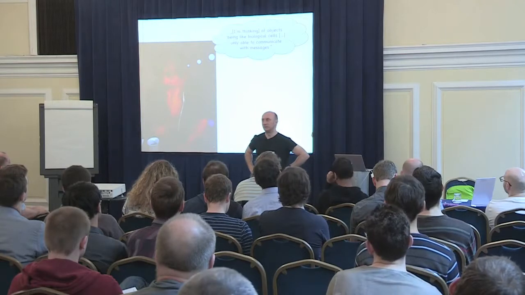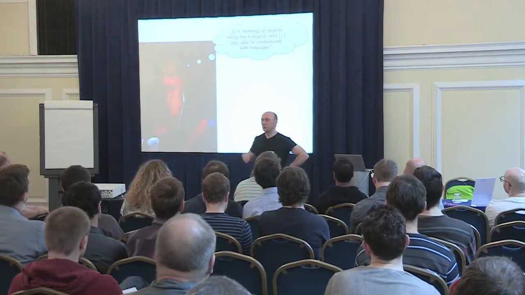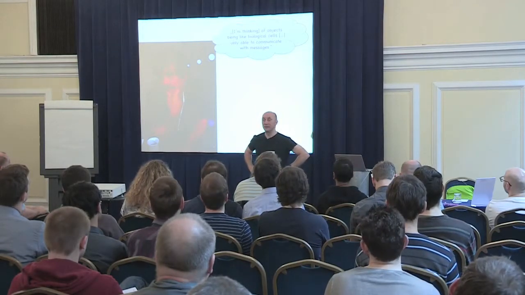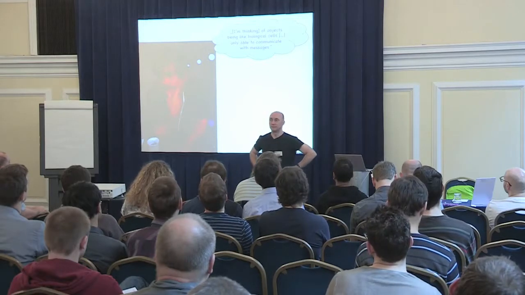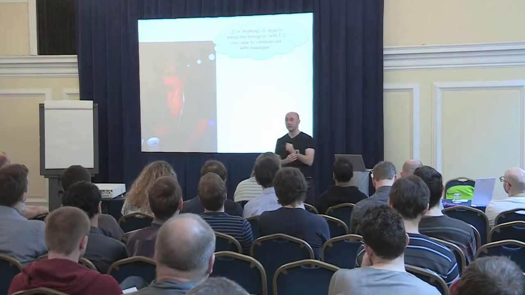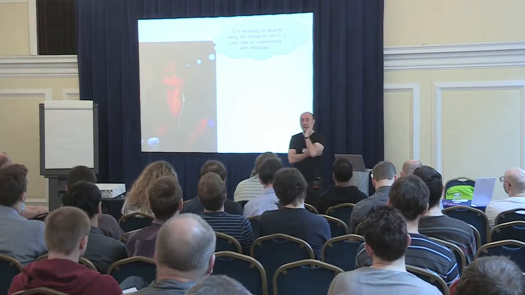Did he use the term inheritance? No. Polymorphism? No. Encapsulation? Maybe that's hidden behind using messages. Did he use the term reuse? No. Maybe that was of concern to him, but he didn't say so. That's object orientation, at least according to this guy.